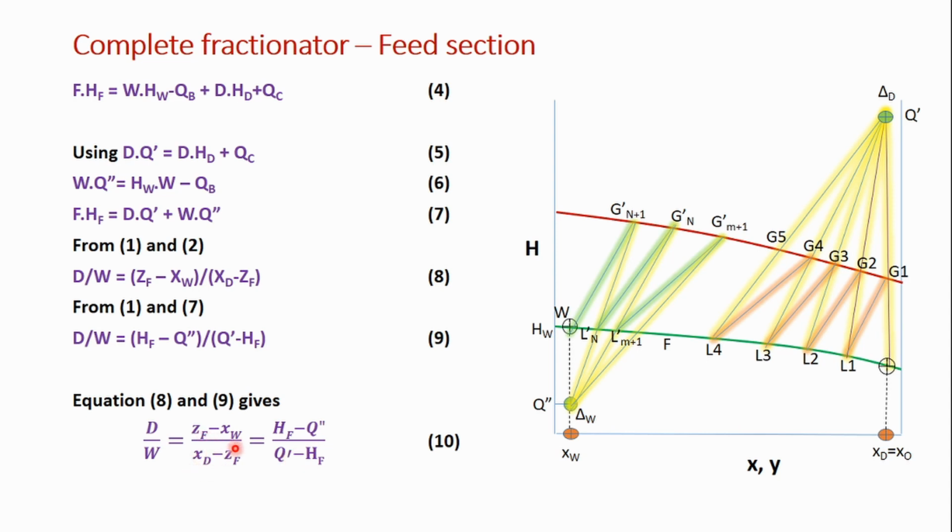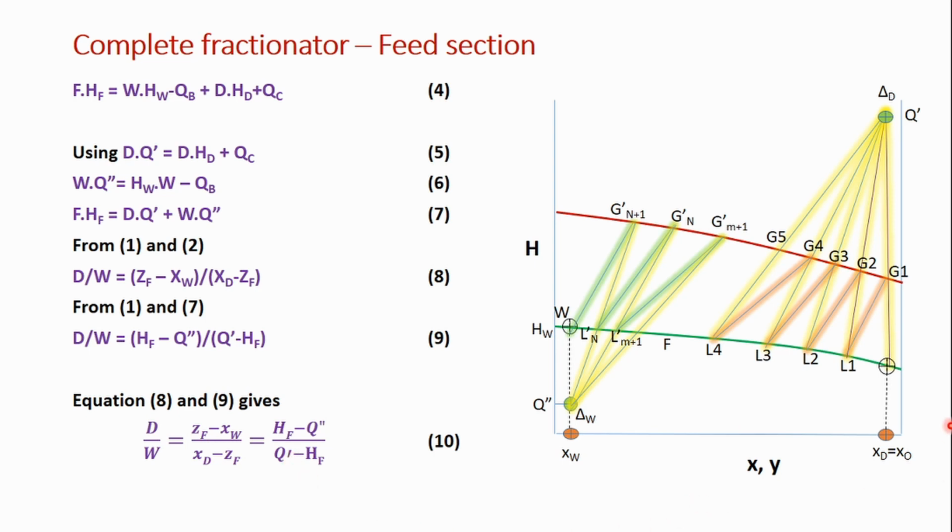In this, XW and Q double dash, what is this point? XW, Q double dash. This point is delta W. What is the point XD and Q dash?